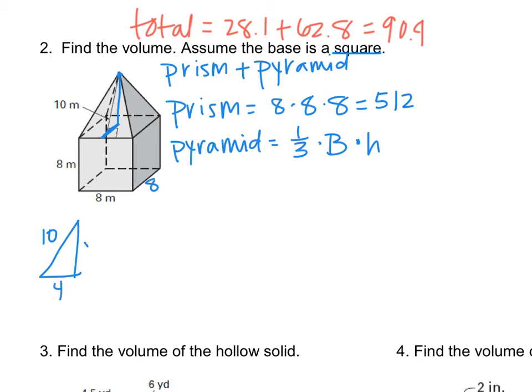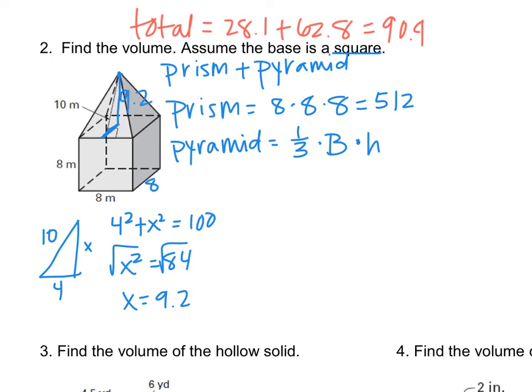That's 4. So we're going to do some more Pythagorean. 4 squared plus x squared equals 10 squared, which is 100, minus that 16, x squared equals 84, and x equals 9.2. So that is the height of the pyramid.